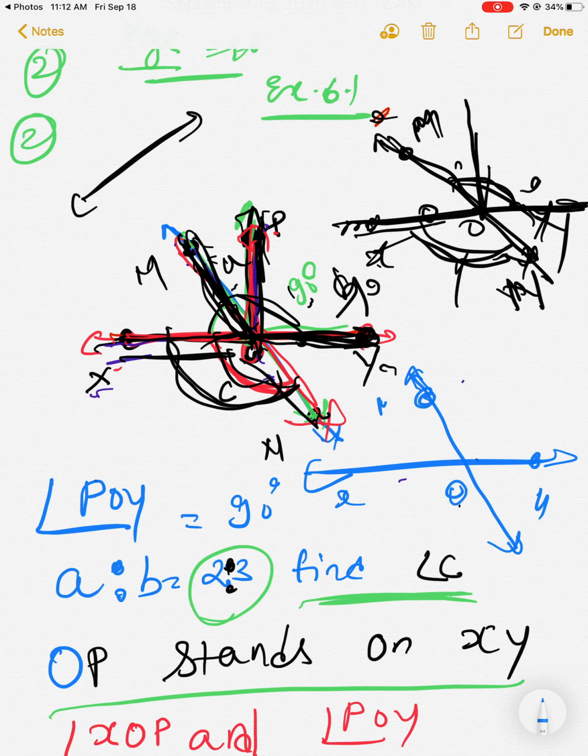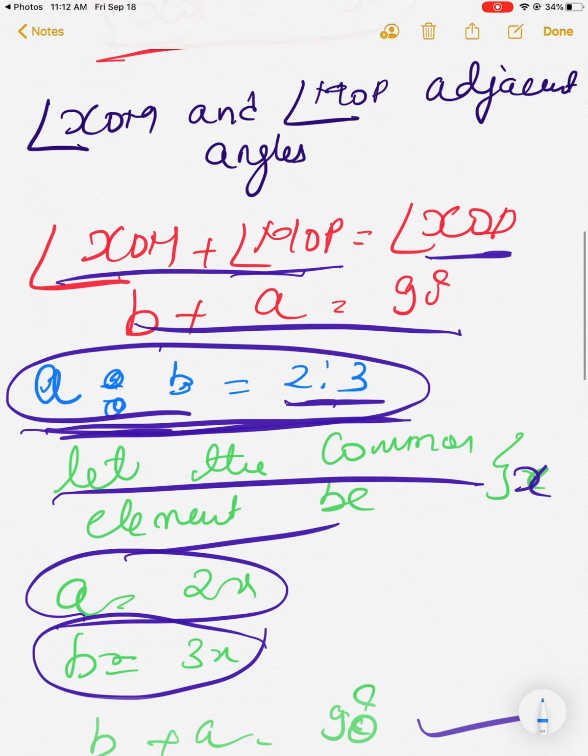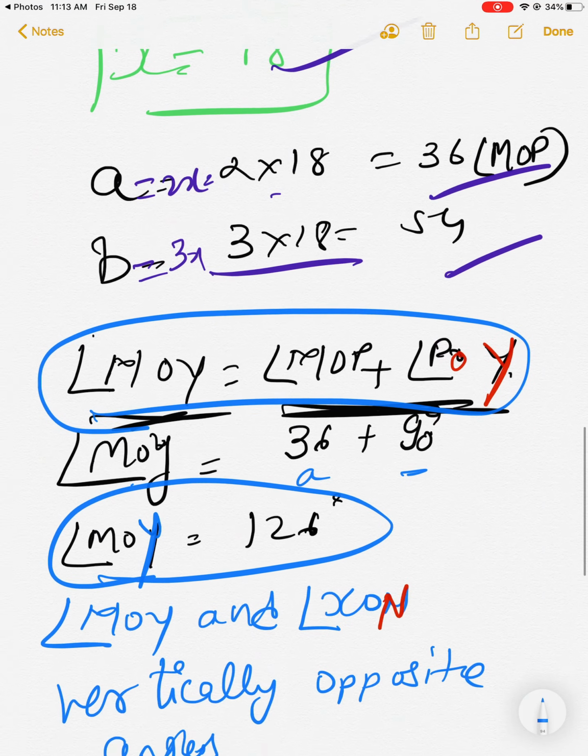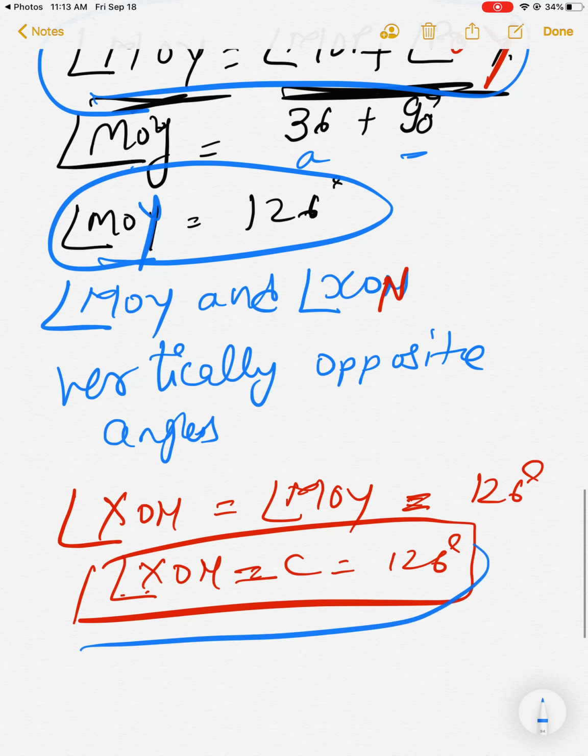This is M, this is N, this is Y. MOY and XON are vertically opposite angles. MOY is obtained by adding A and 90 degrees. So 36 plus 90 we have added, and XON is equal to 126. XON is nothing but C, so C is equal to 126.